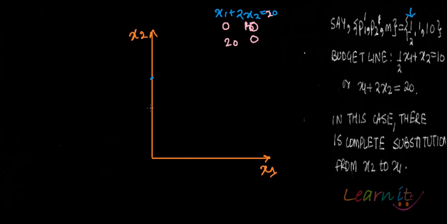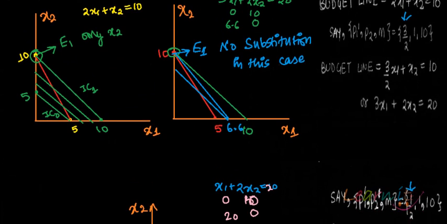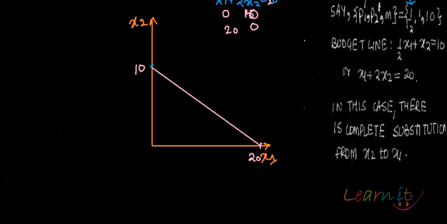So one point is 10 here, and this would be the 20 point. This is your budget line, and your indifference curves, which we have assumed are shown by green, will have a slope of -1, so it is 10, 10 here.